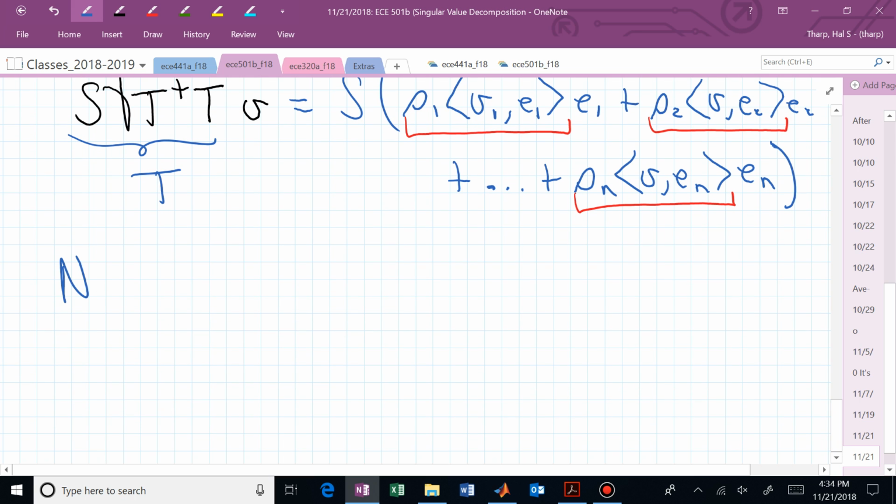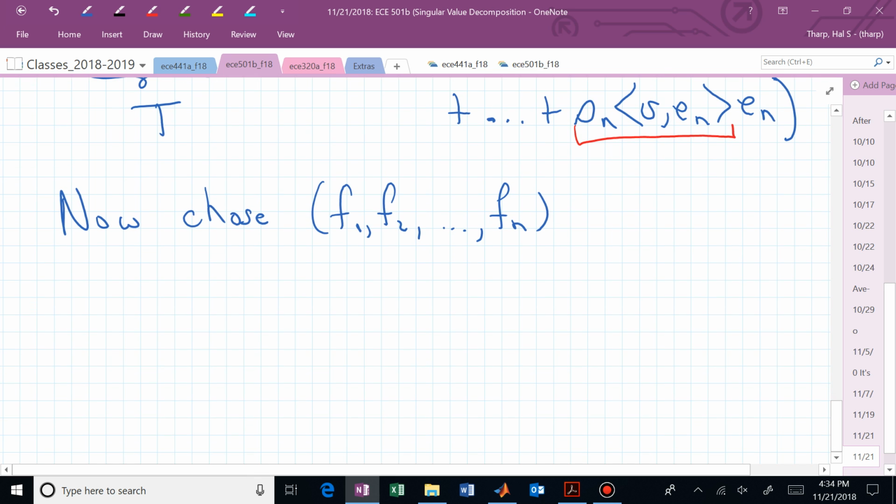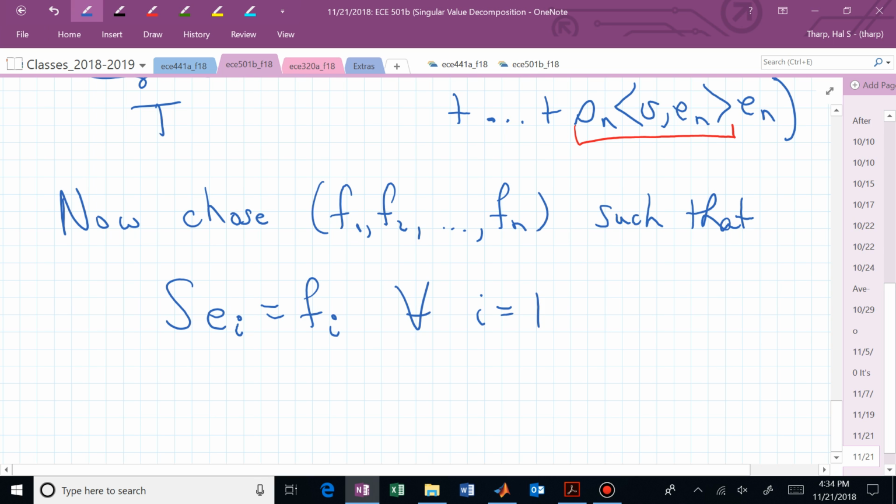That means that we can now choose a new orthonormal basis, F1, F2, Fn, such that S applied to each of these original, let's say, input basis vectors E sub i is equal to F sub i for all i equal 1, 2, up to n.